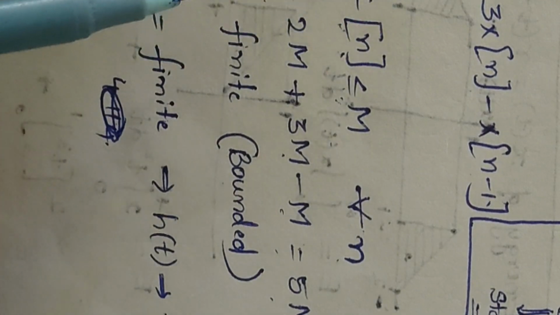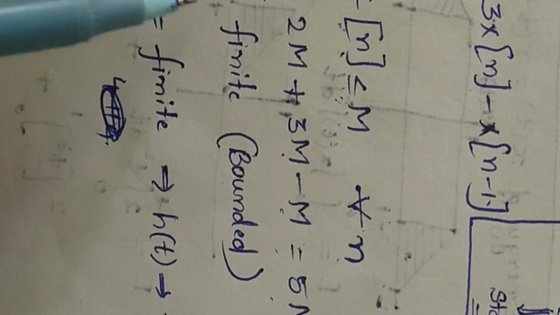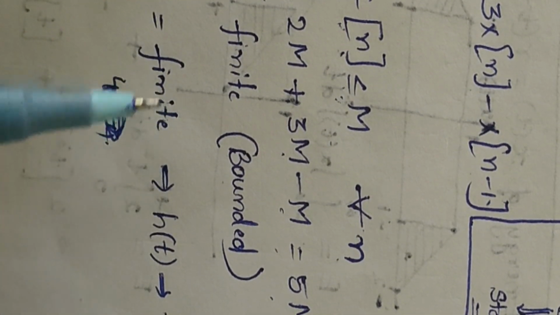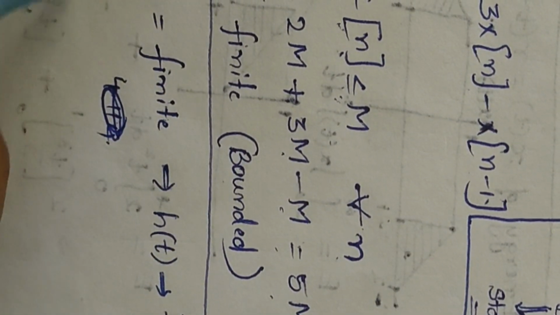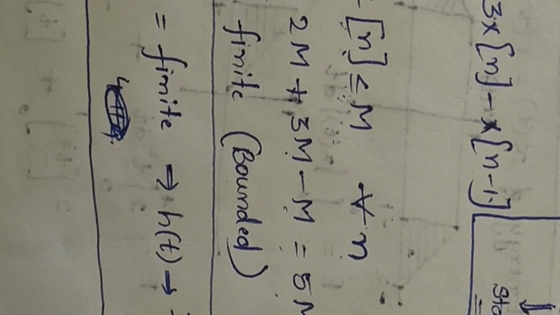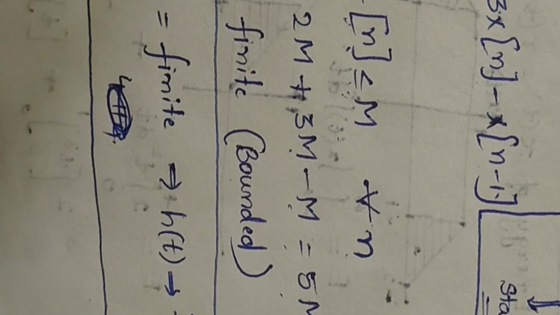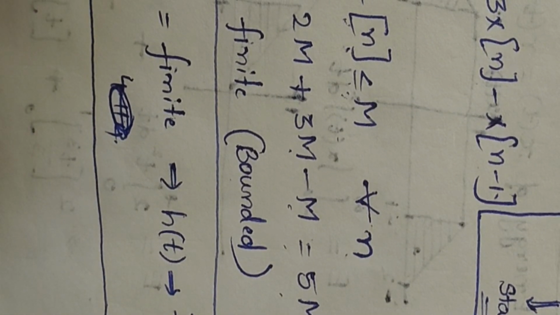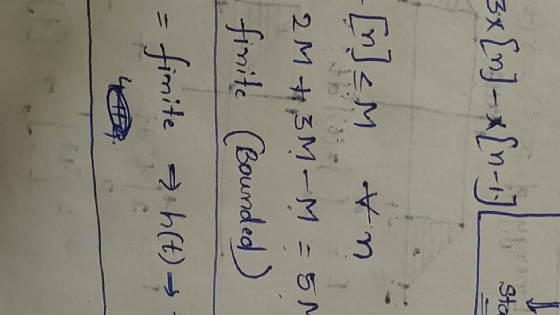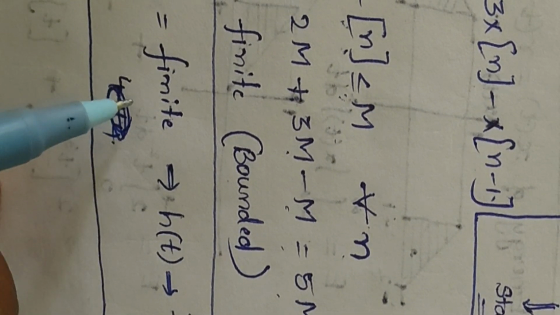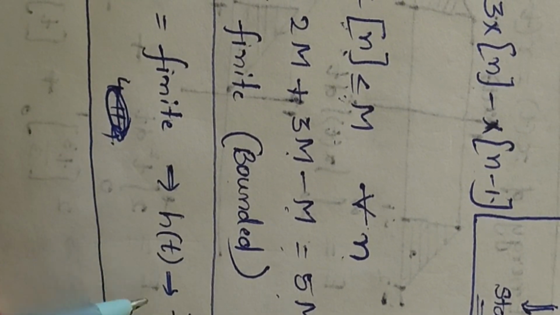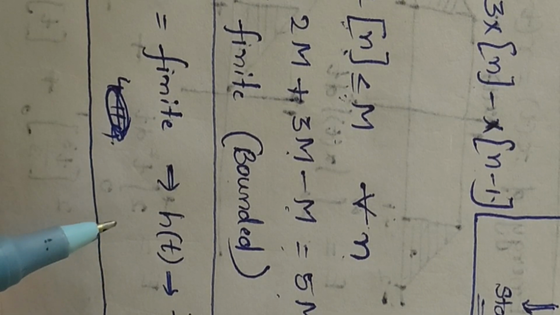So for a finite input we have got a finite output, which is bounded. This is another condition to know the stability of a system: the integration limits are from minus infinity to plus infinity of h of t into dt, and if it has a finite value, then we can say the system is stable.